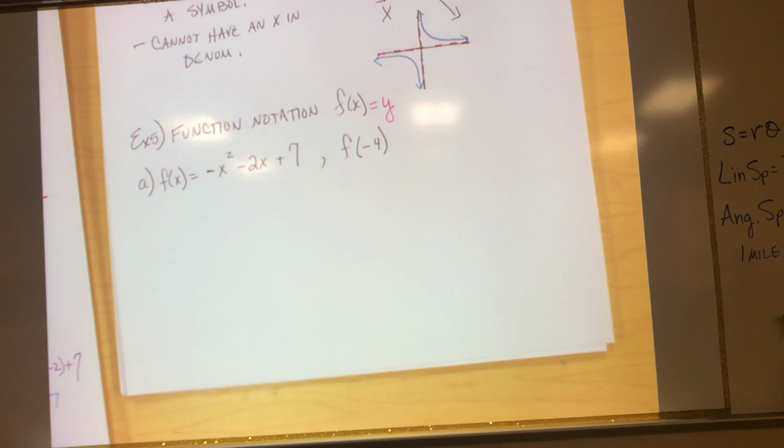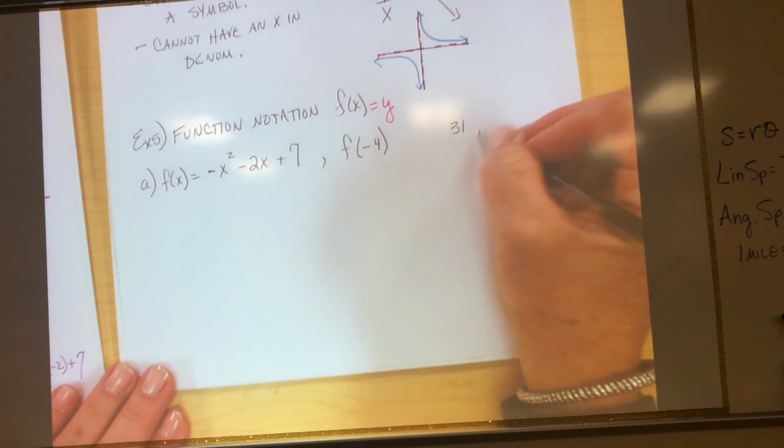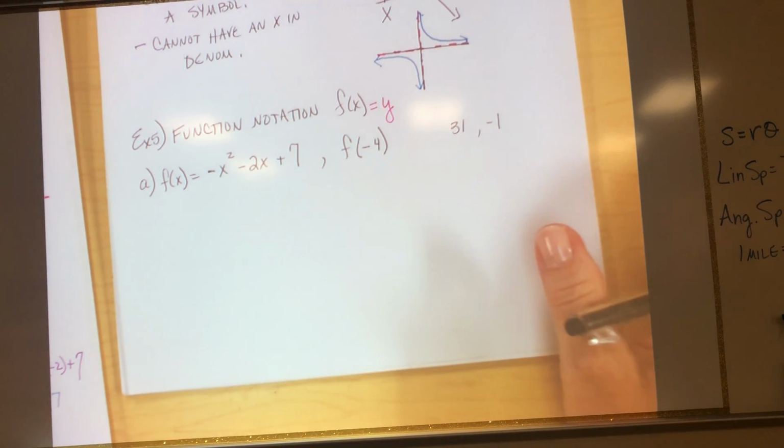All right, do you have it? Okay, tell me what your answers are. I got 31. 31, negative 1. Sounds like the answers are negative 1 and 31. Now, how many of them are correct?